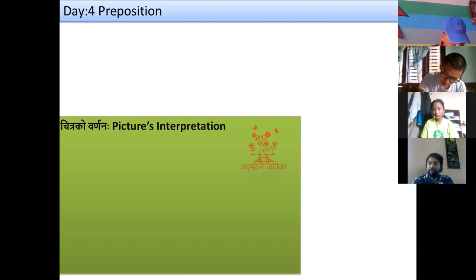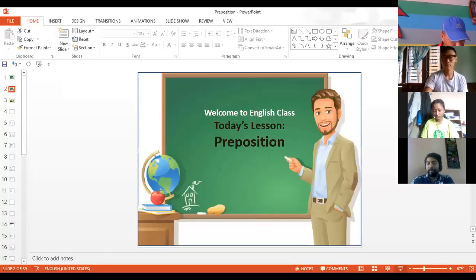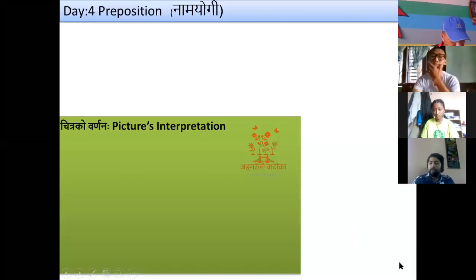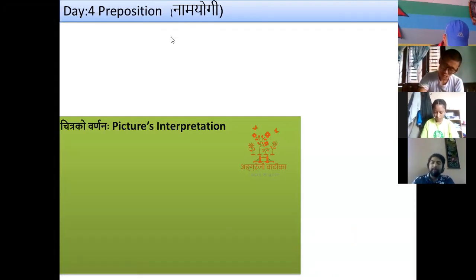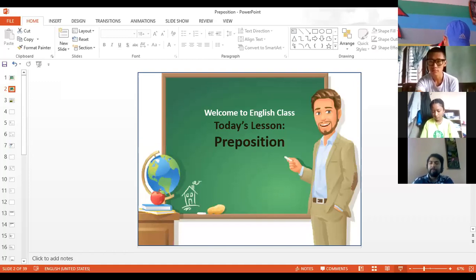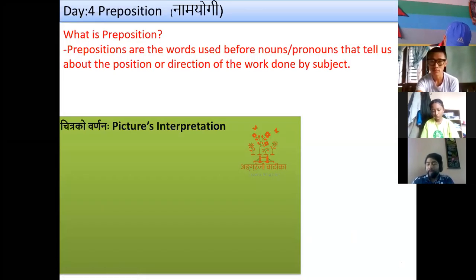All right, I'll just clarify its definition and what preposition actually is. In Nepali we call it Nam Yogi, as you see on the screen. Nam Yogi is a preposition, right? The work of a preposition is to give information about the position and direction of the work done by the subject. Prepositions are the words used before nouns or pronouns.